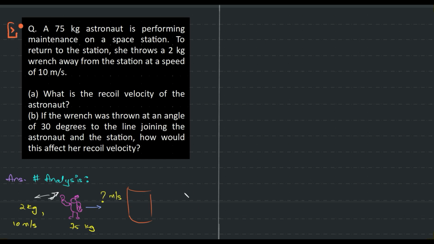That's it. What do we use? Of course, you will be answering this using conservation of momentum. As per conservation of momentum, the initial momentum should be equal to the final momentum.